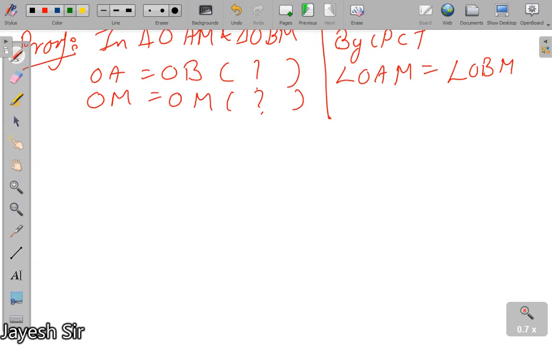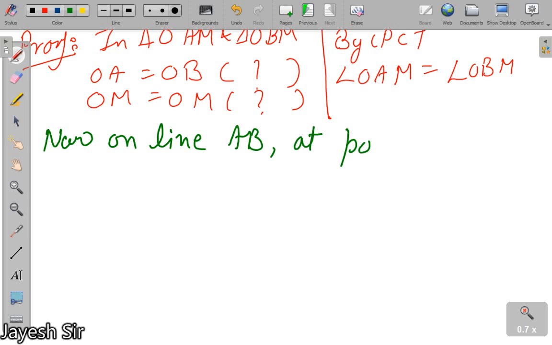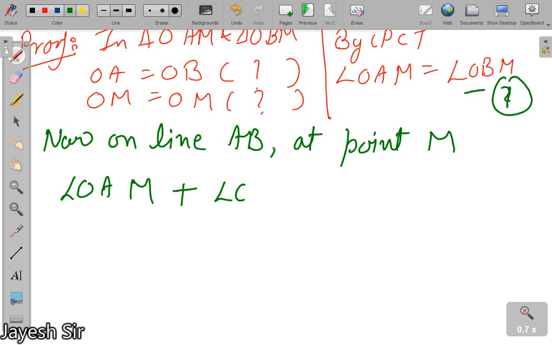Now moving forward with the proof. Now on line AB at point M, let me make this equation number 1: angle OAM is equal to angle OBM. Angle OAM plus angle OBM is equal to 180 degrees because of linear pair.